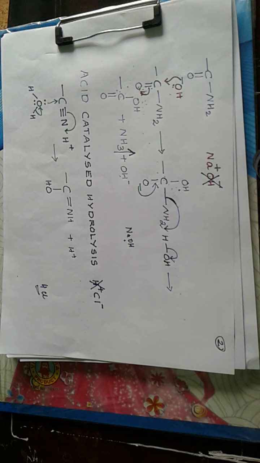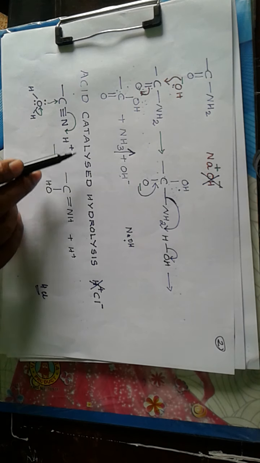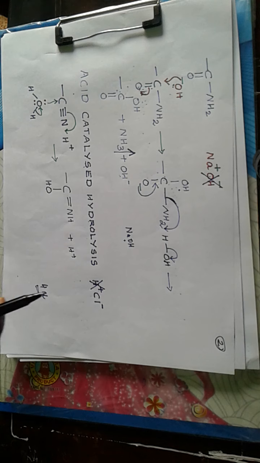If the reaction is conducted in alkaline medium, then there is liberation of ammonia and the smell of ammonia. So if an amide or cyanide is hydrolyzed using alkali, sodium hydroxide, the smell of ammonia indicates that it can be a cyanide or amide. Now coming to acid catalyzed hydrolysis, we take HCl as the acid.